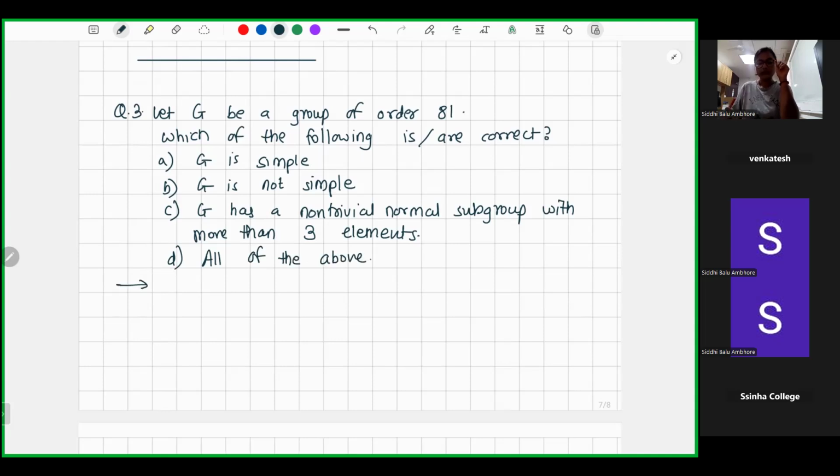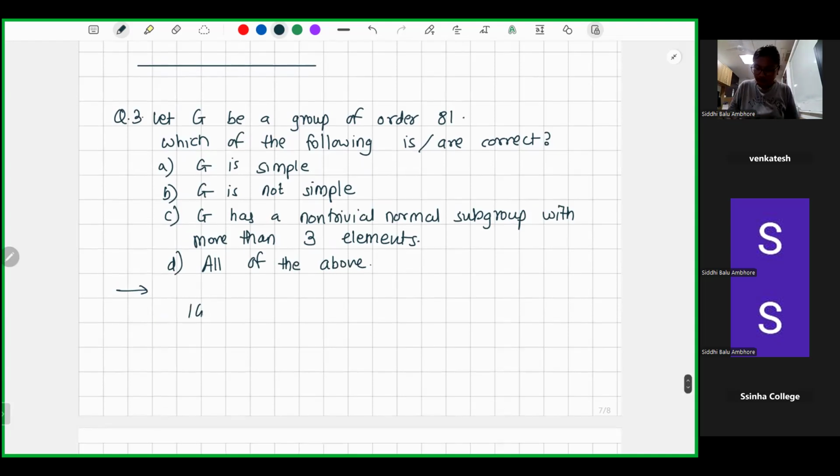So what is your guess? Which one is trivial? I mean, when I say which one is trivial means, note that the order of G here is 81. So it is 3 power 4.